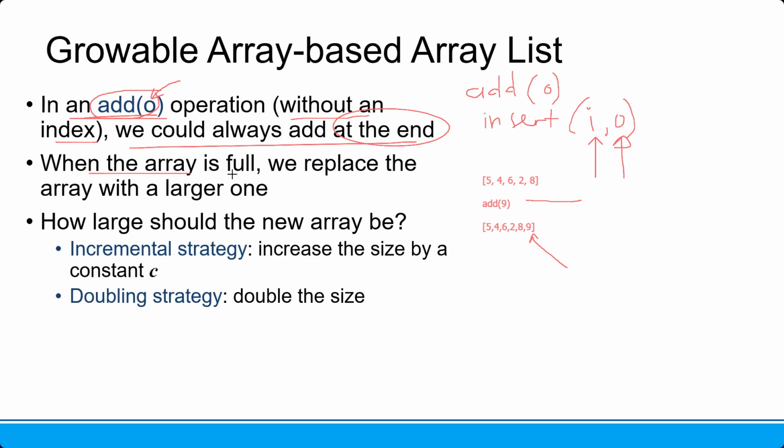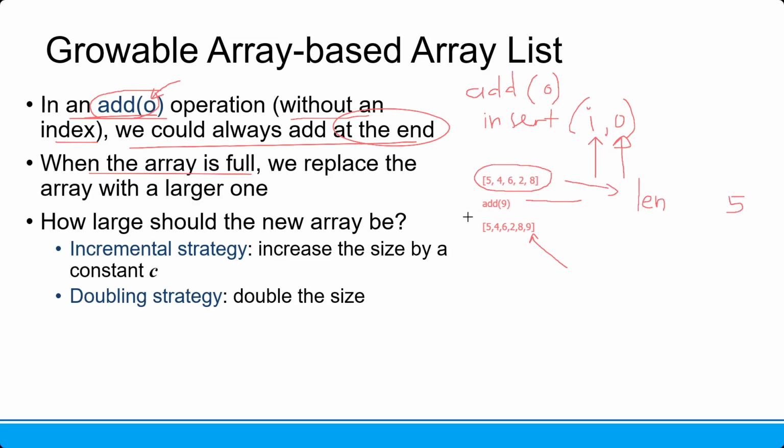So when the array is full, let's say when I have this array, what is the length? When I have an array, we have the length. So the length here is 5.